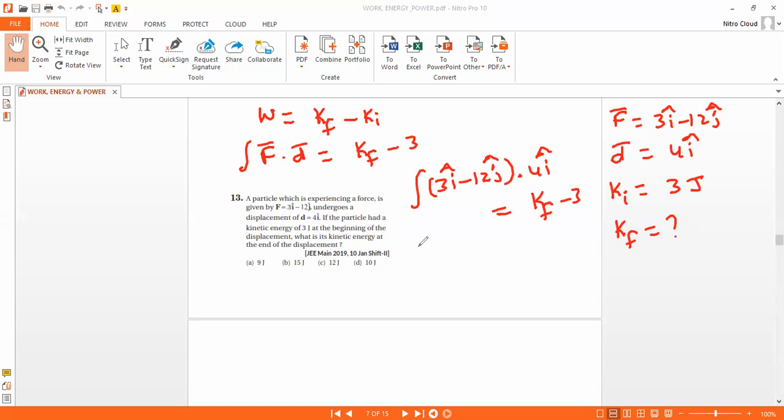This is 12, equal to final kinetic energy minus 3. So final kinetic energy will be 15 joules. Okay, is it fine?